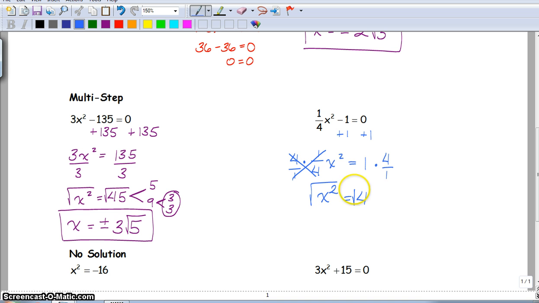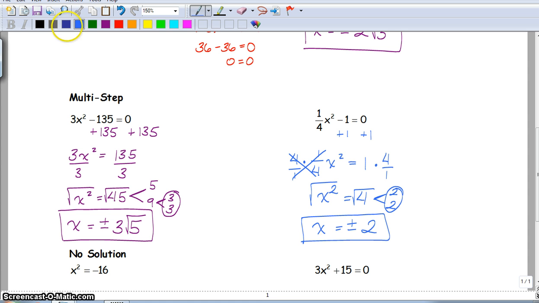Take the square root of both sides. X equals plus or minus the square root of 4, which is 2. Again, if you didn't know that, you can use the factor tree. 4 breaks down into 2 times 2. There's a pair of 2's on the outside and nothing left underneath the radical. Your answer is x equals plus or minus 2.